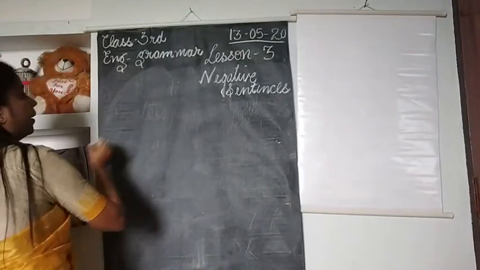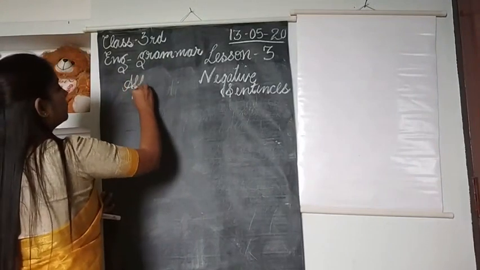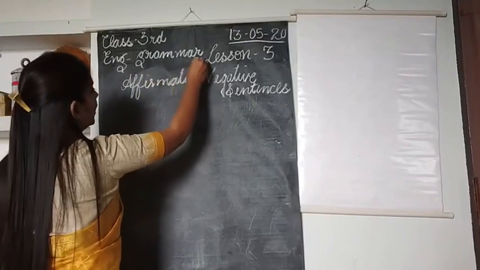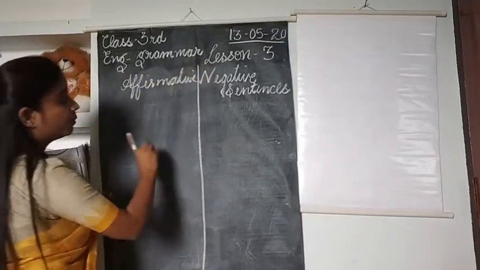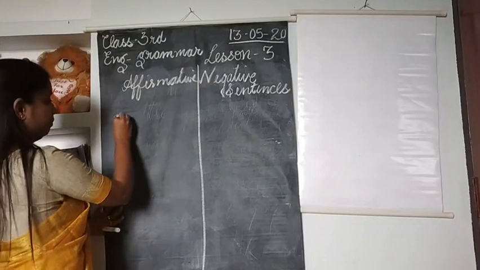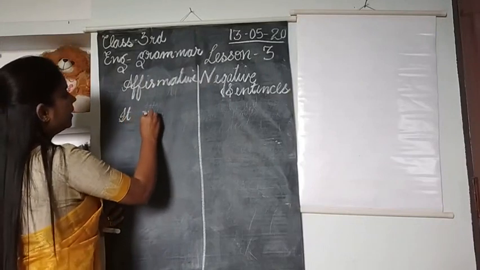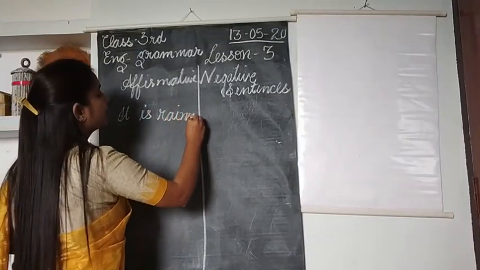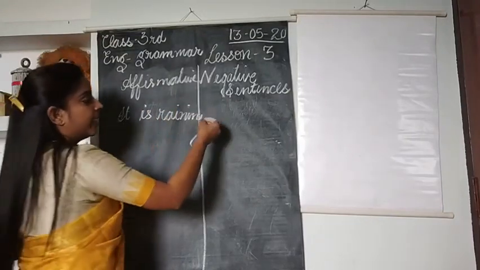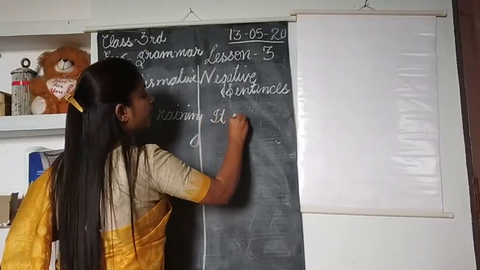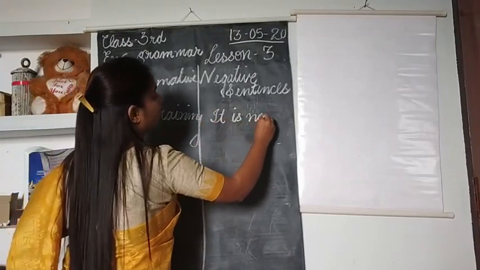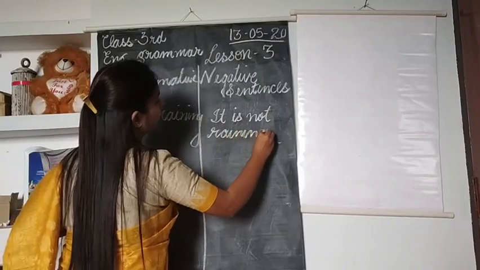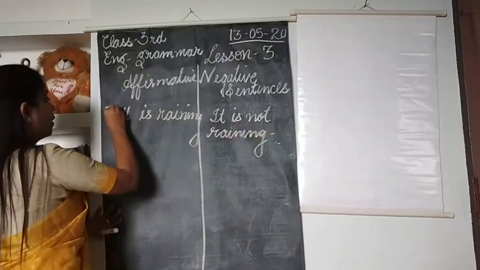Suppose I say, it is raining. Negative: it is not raining.